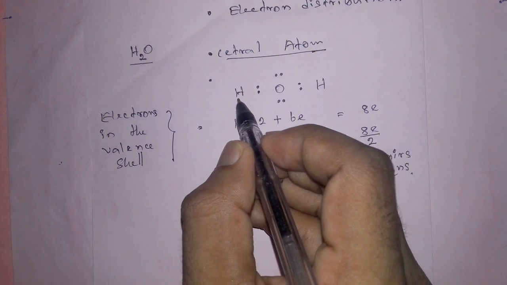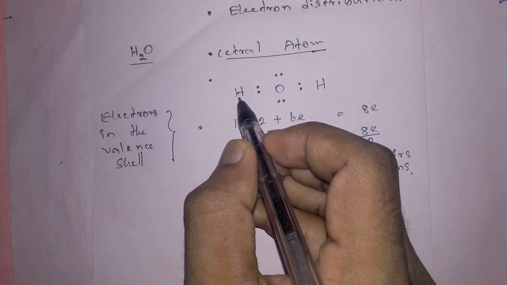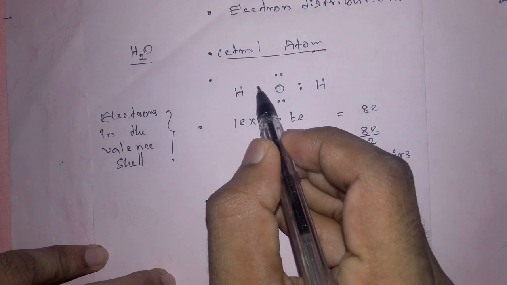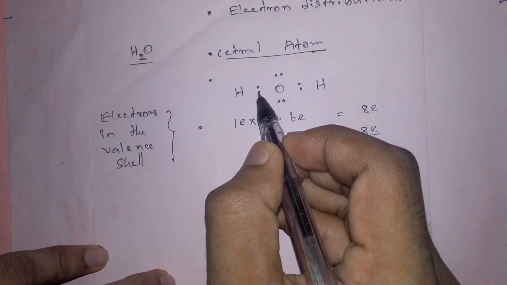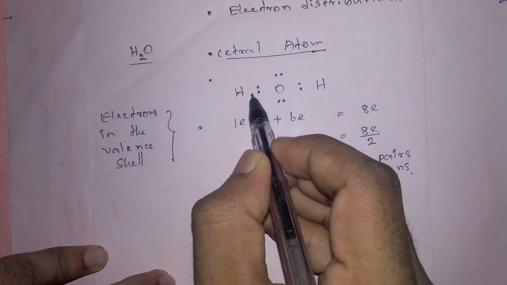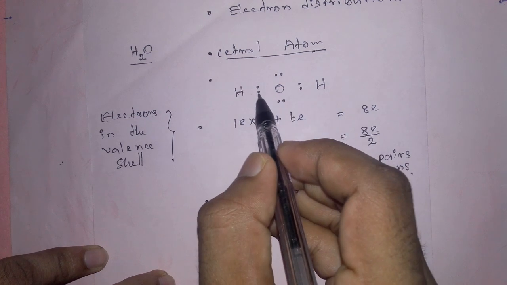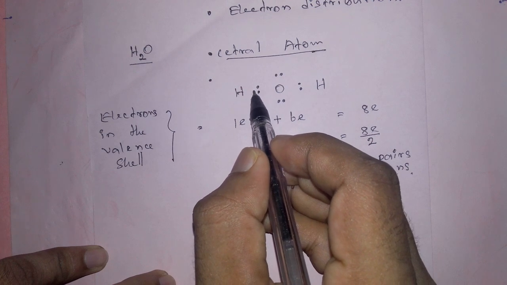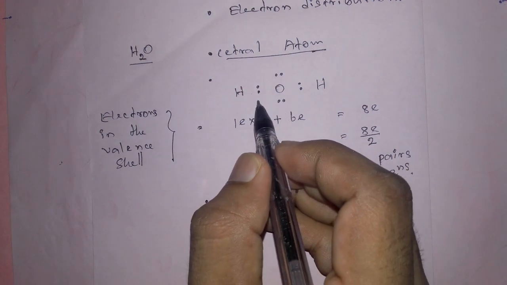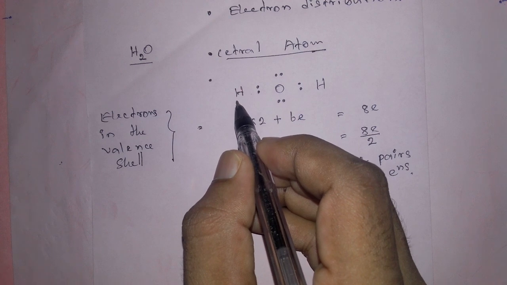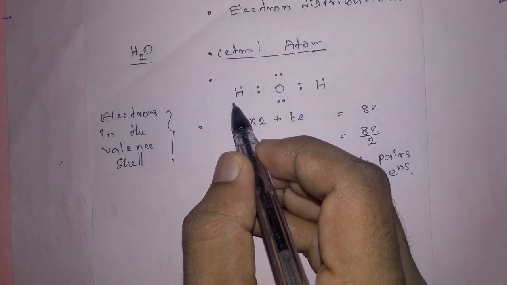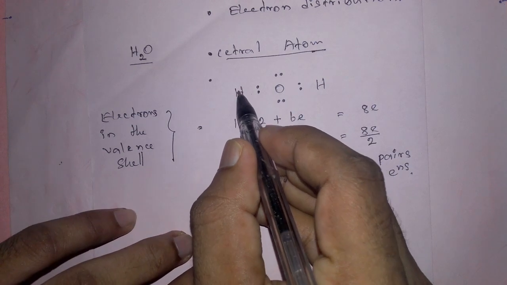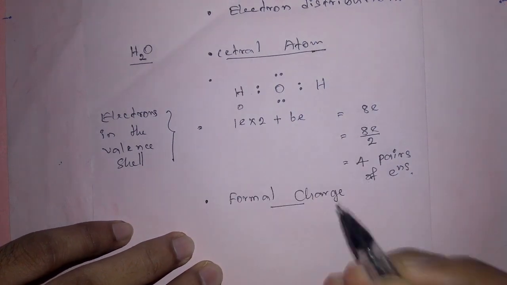Hydrogen has 1 electron in the valence shell before formation of bonds, and finally also there is 1 electron, because in this bond pair of electrons, 1 electron belongs to hydrogen and the other electron belongs to the oxygen. And hydrogen has not changed its electrons, so its charge is considered as 0.